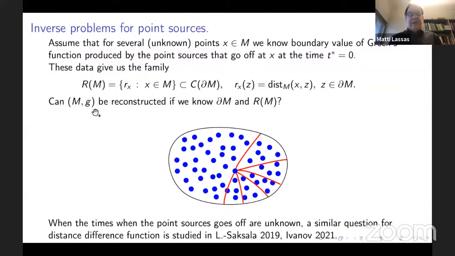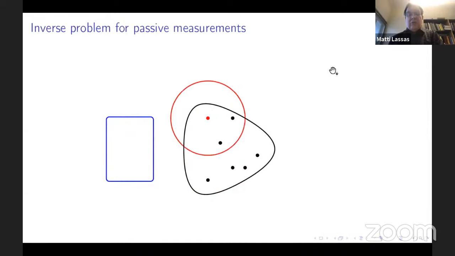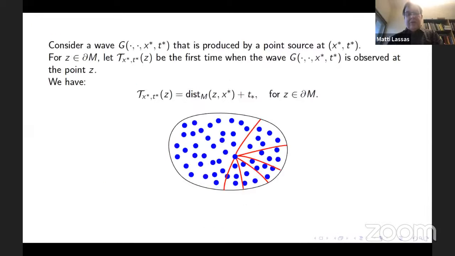And we ask, can we reconstruct the manifold when we know the boundary and we know the set of boundary distance functions? Here there may be a bit of confusion, because in the physical example that I considered, the point sources went off, became active, at some unknown, somehow random times.